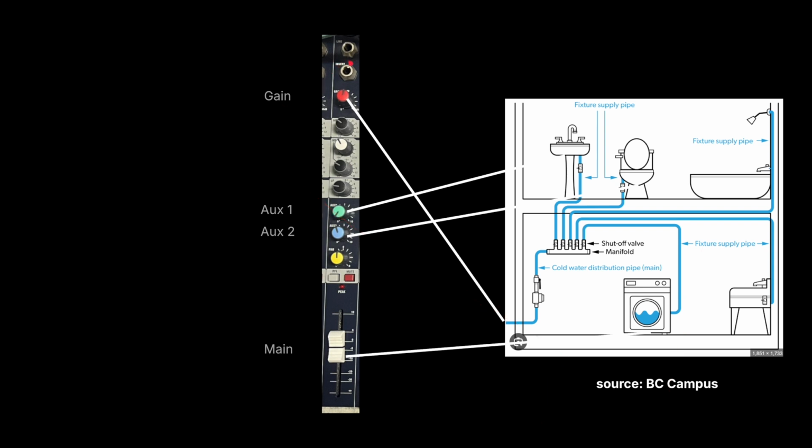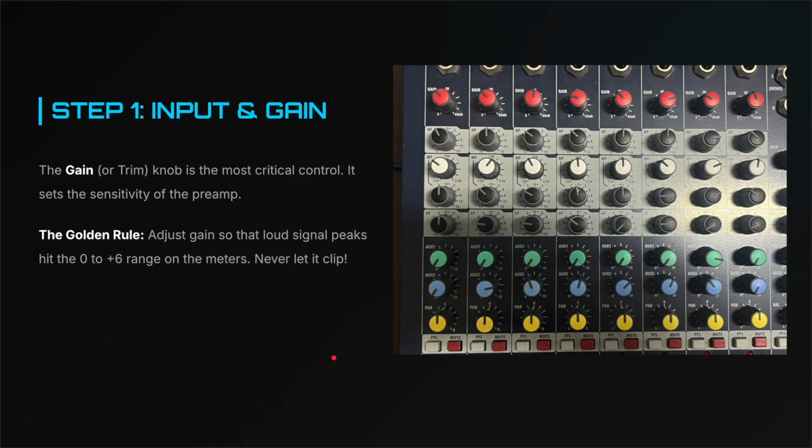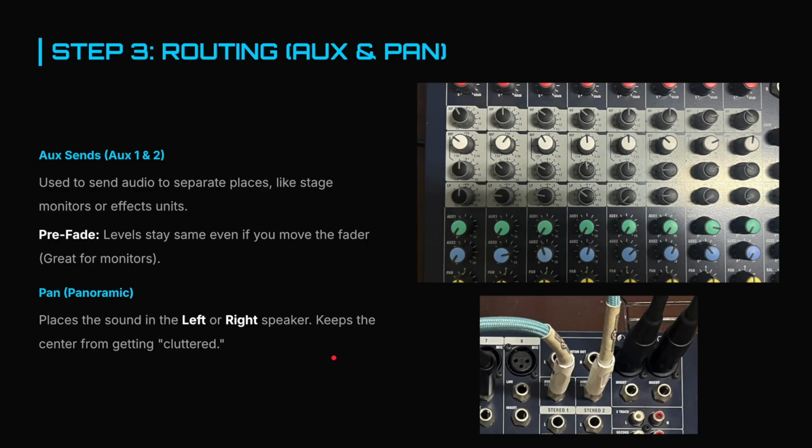If you increase the gain, the water supply will increase. That's the basics of it. And then obviously you can control individually aux 1 or 2 and then the main. So if you think of it like that, it's very basic. You can ignore these ones. We'll talk about them later, but these are the main ones that we use to control the sound.